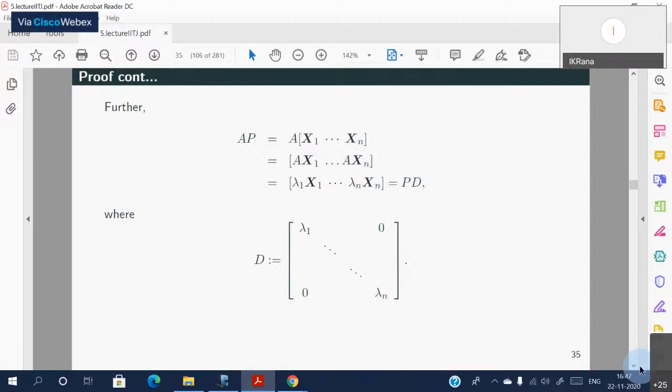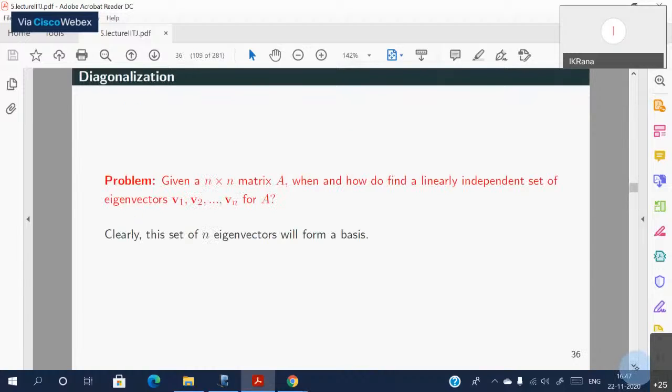Basically, to say a matrix is diagonalizable, we should be able to get n eigenvalues and n eigenvectors corresponding to them forming a basis, n linearly independent eigenvectors. Then the matrix becomes diagonalizable. So they will form a basis of Vn.